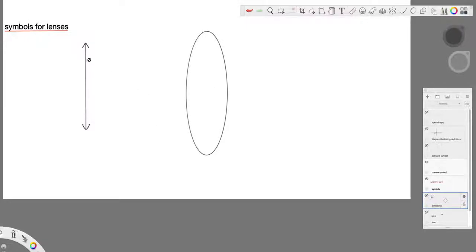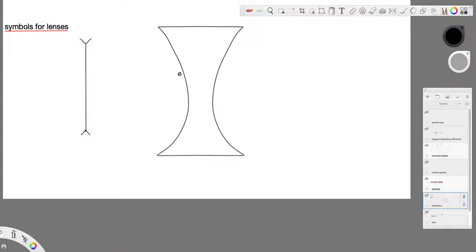This is the symbol for it. So this is a converging lens. A ray of light which comes in here will bend like this. A ray of light which comes in through the focus will come out parallel to the principal axis.